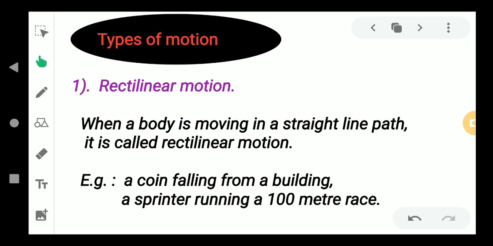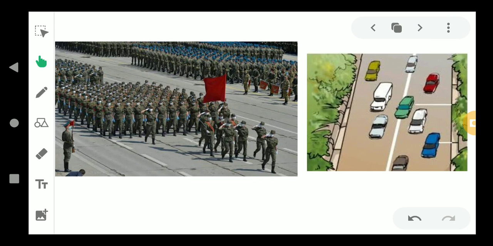Can you find more examples? Soldiers marching in a straight line. Here you can see the motion of vehicles in a straight line path.